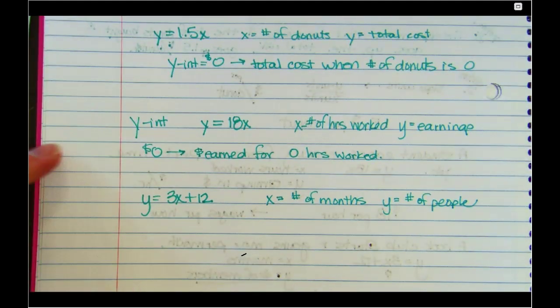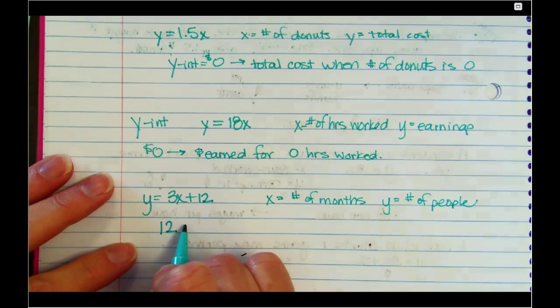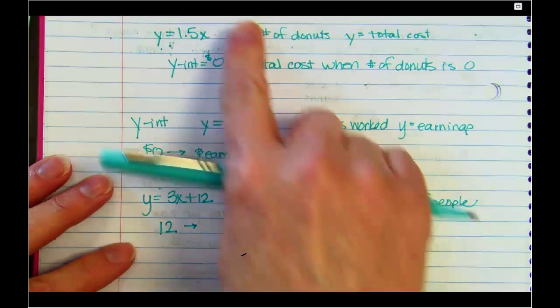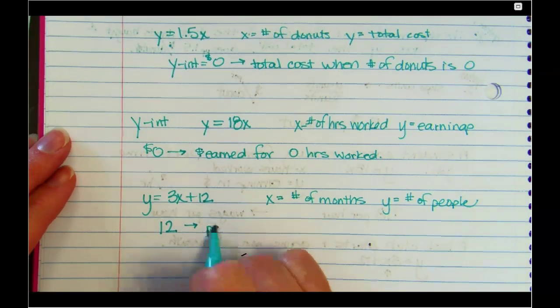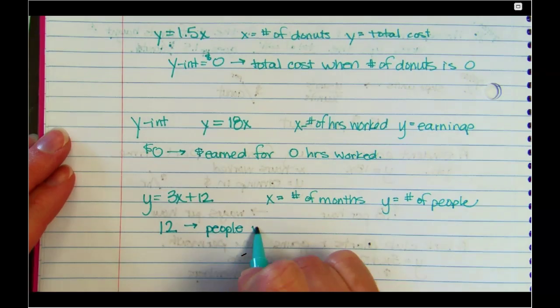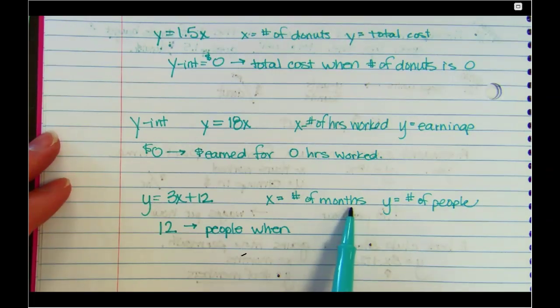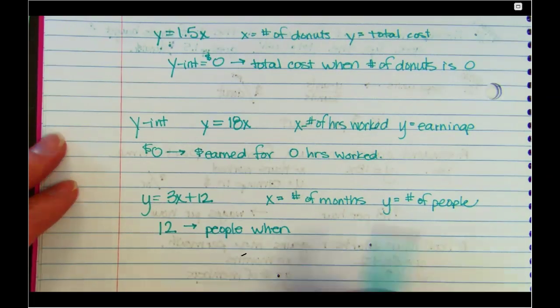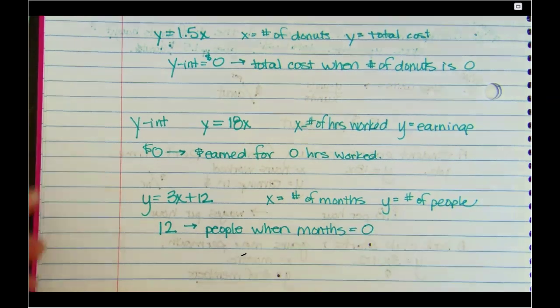So what's the y-intercept? 12. Now, 12 is the y-intercept. So this tells me what's the y thing. So 12 people when, what's the x thing? When months equals 0.